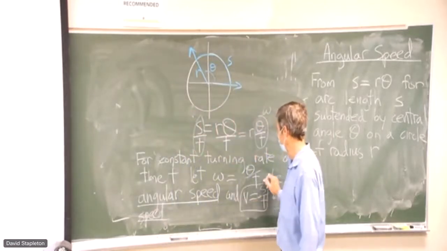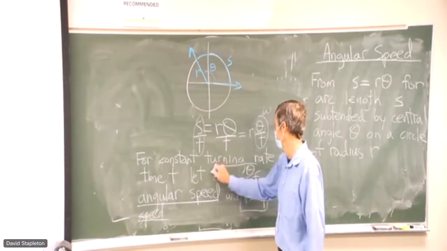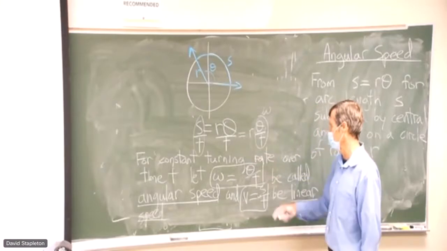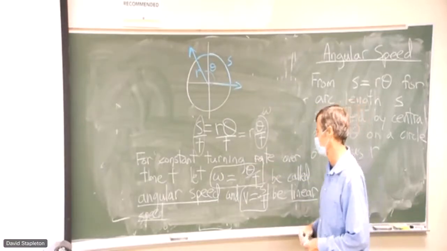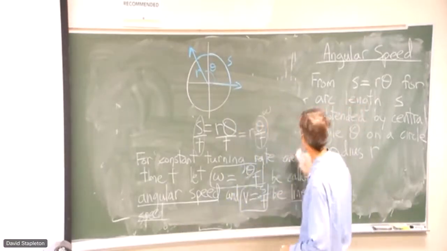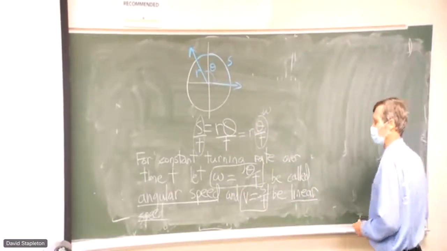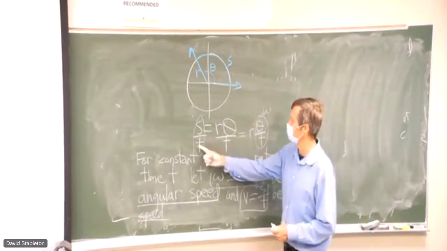So we have these definitions. Distance divided by time, just from algebra, is still speed. But angle divided by time will be angular speed, the rate at which the angle is turning, constant. And now from that division, just s equals r theta, divide both sides by t.